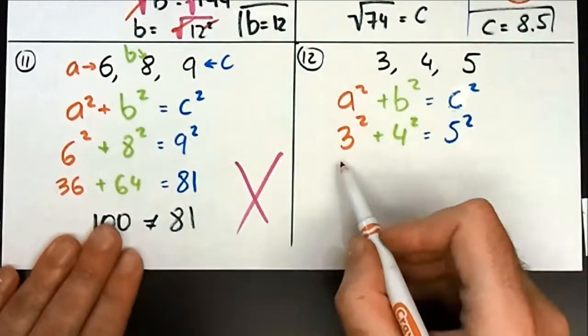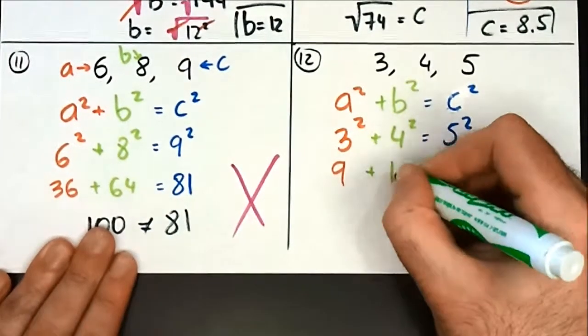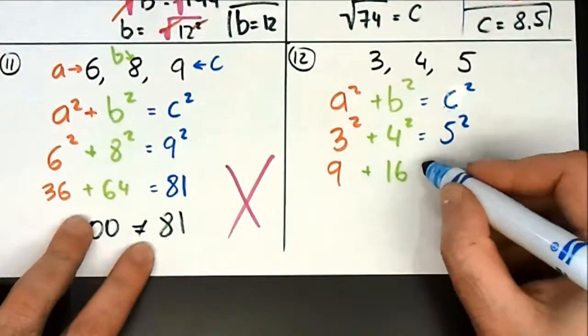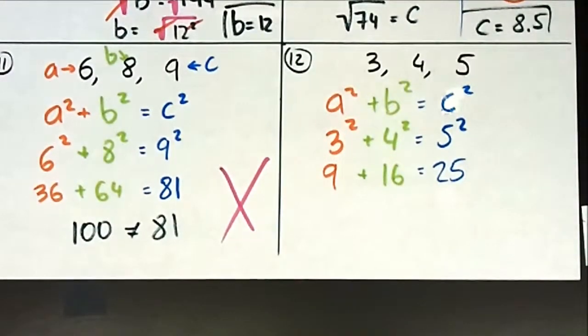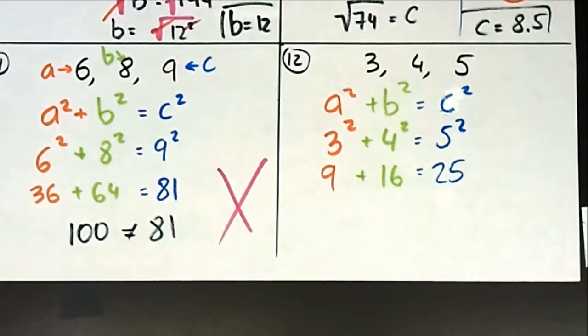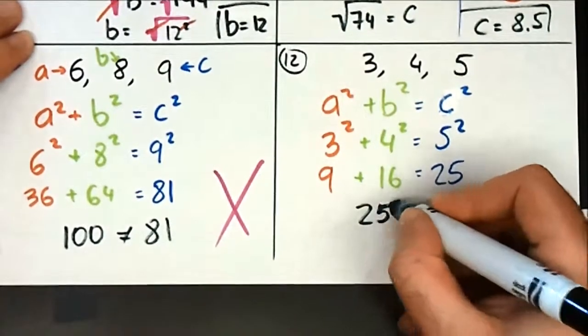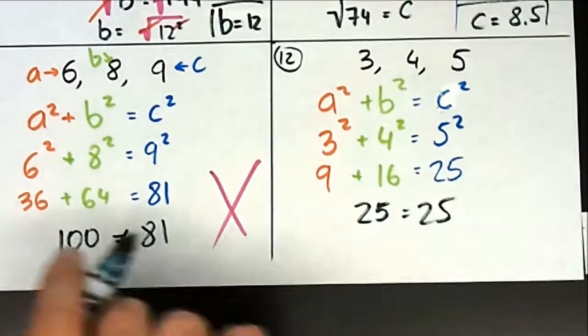Should be easy. 3 times 3 is 9. 4 times 4 is 16. 5 times 5 is 25. And what's 9 plus 16? It's 25. And hey, it equals 25. Yay, it works.